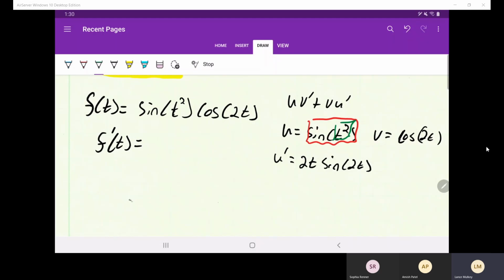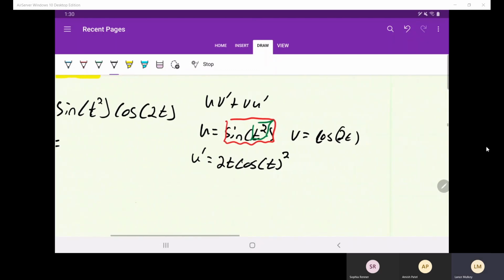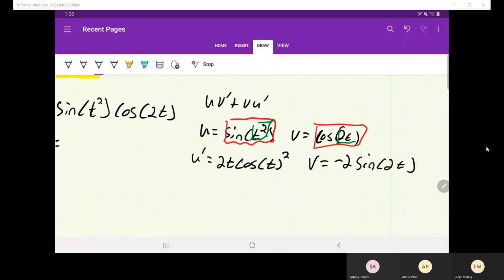So you take the derivative of the inside. And then the derivative of this equals negative 2 sine 2t, because box, box.